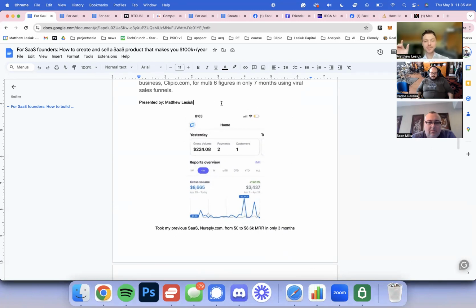And this is newreply.com, my co-founder's idea. He had the limiting belief of, would people pay for this? So don't get stuck on that. That's why it's good to partner with people. You need someone to keep you on track. And that's why I like the sales letter too. It keeps you on track.